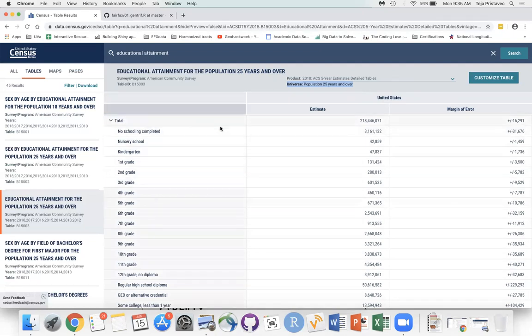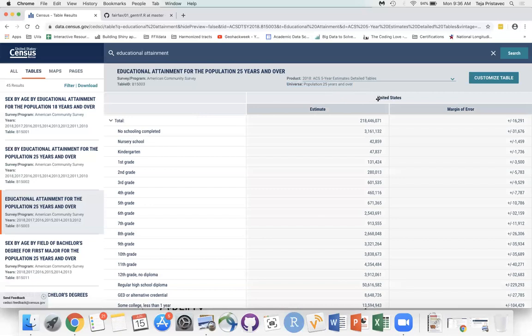Okay, what am I looking at here? First, we have this estimate column, right? And we have rows. Every row has an estimate. Because this is population age 25 years and over, these are counts of population 25 years and over that fall into each one of these categories.